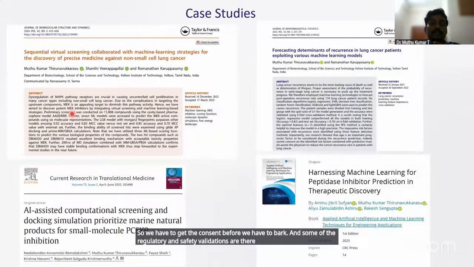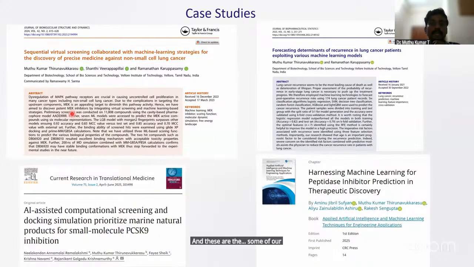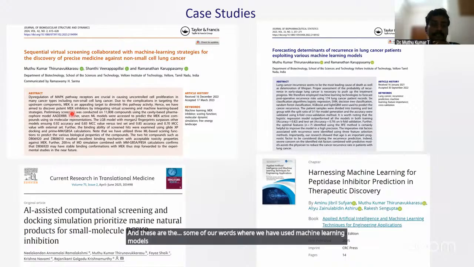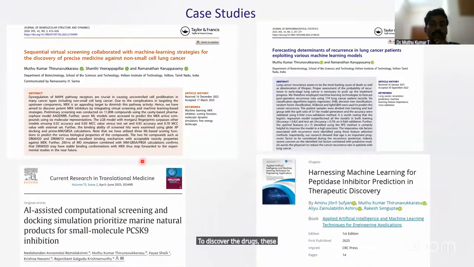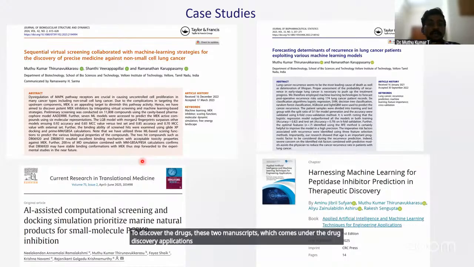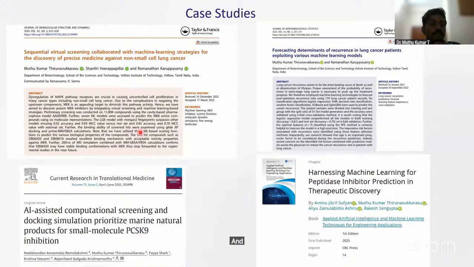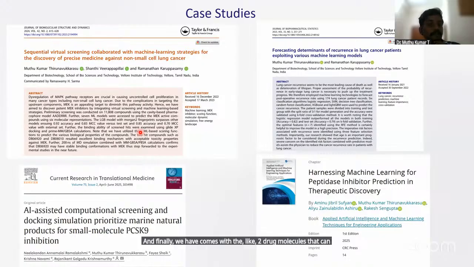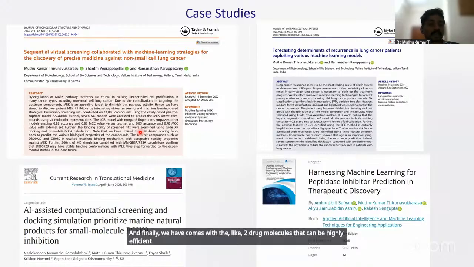And these are some of our works where we have used machine learning models to discover drugs. These two manuscripts come under drug discovery applications. We have screened over 12,000 compounds at a time against non-small cell lung cancer protein targets, and finally we came up with two drug molecules that can be highly efficient against non-small cell lung cancer.